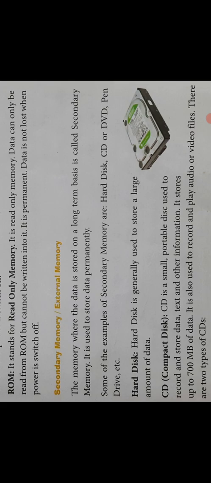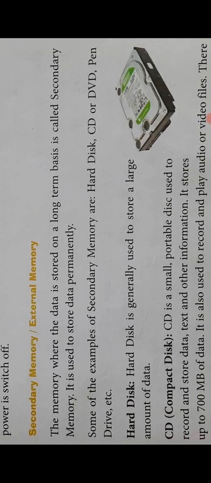The memory where the data is stored on a long-term basis is called secondary memory. It is used to store data permanently. That means where we can store data permanently, that is our secondary memory or external memory.